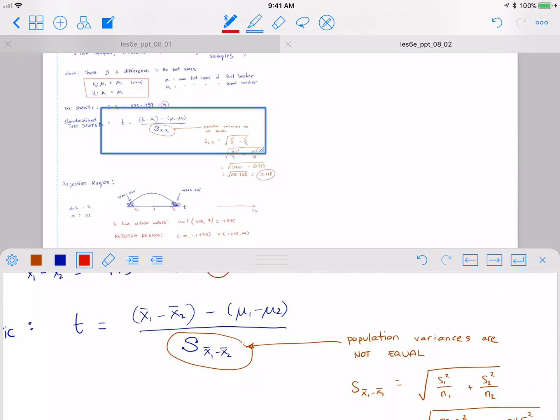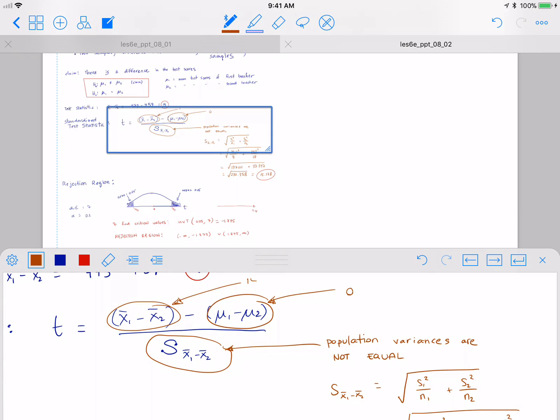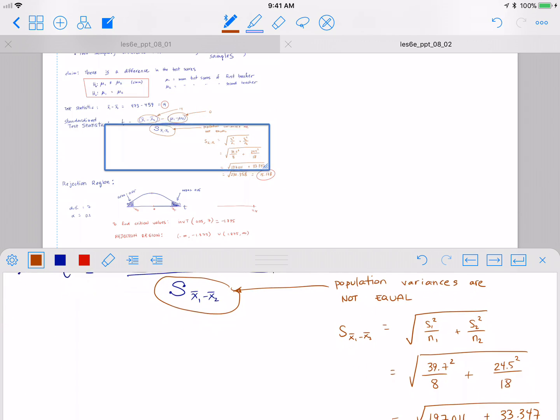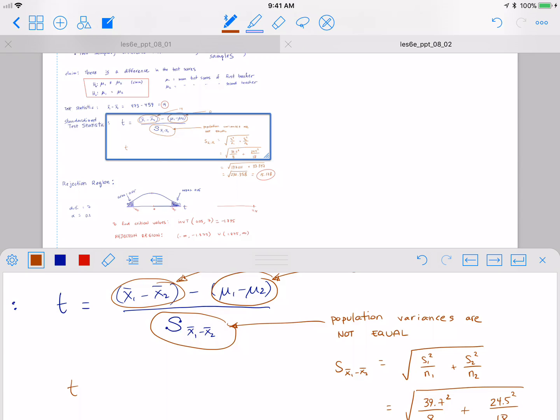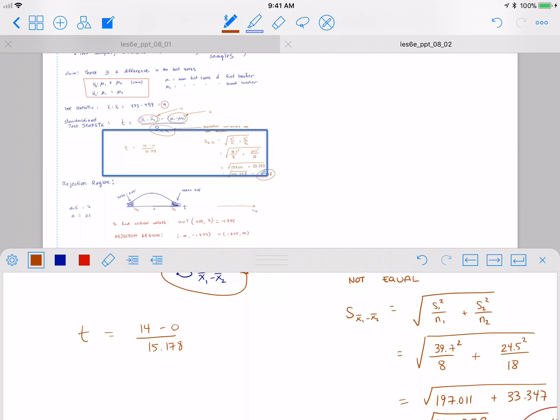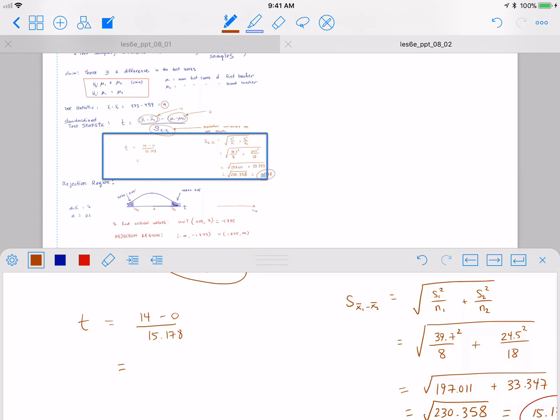To get our standardized test statistic, we need to remember that for our hypothesized difference of the means, we use 0. And for our test statistic, we already calculated that, 14. So our standardized test statistic, t, is going to equal 14 minus 0 divided by 15.178, which is about 0.9224.